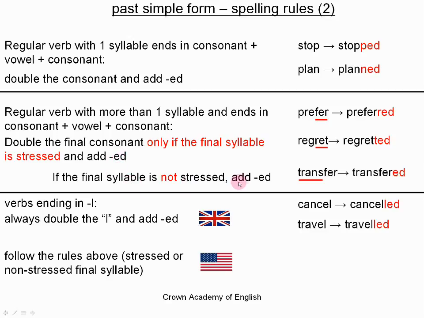And if it isn't, we just add ed. So, example, in American English, cancel is canceled, and travel is traveled without the double consonant. And it is because the first syllable is stressed. Okay? So those are the rules.